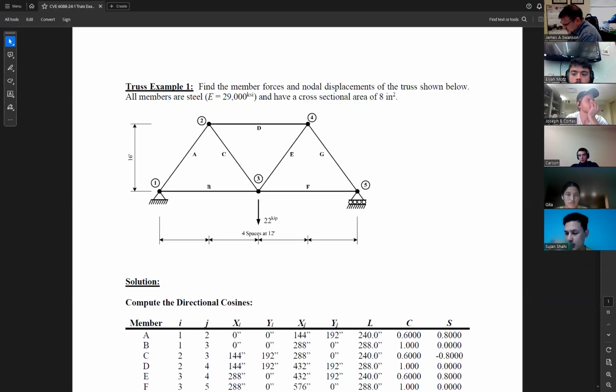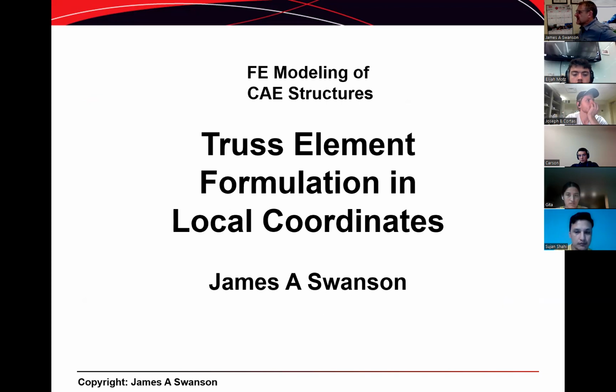But when we get into other types of elements, specifically frame elements, where the elements have both a rotational stiffness where we can have a bending moment in it, and a shear stiffness where we have shear forces in it, then working directly in the global coordinate system can be cumbersome.